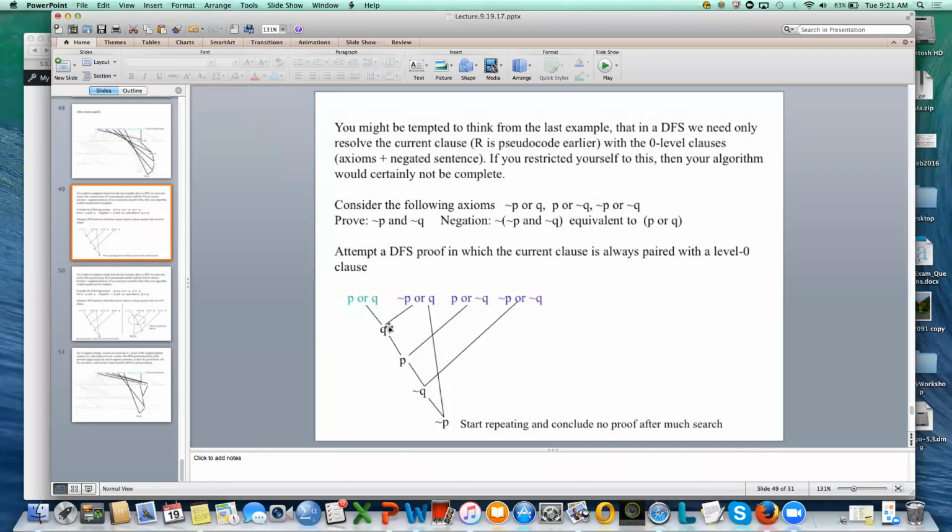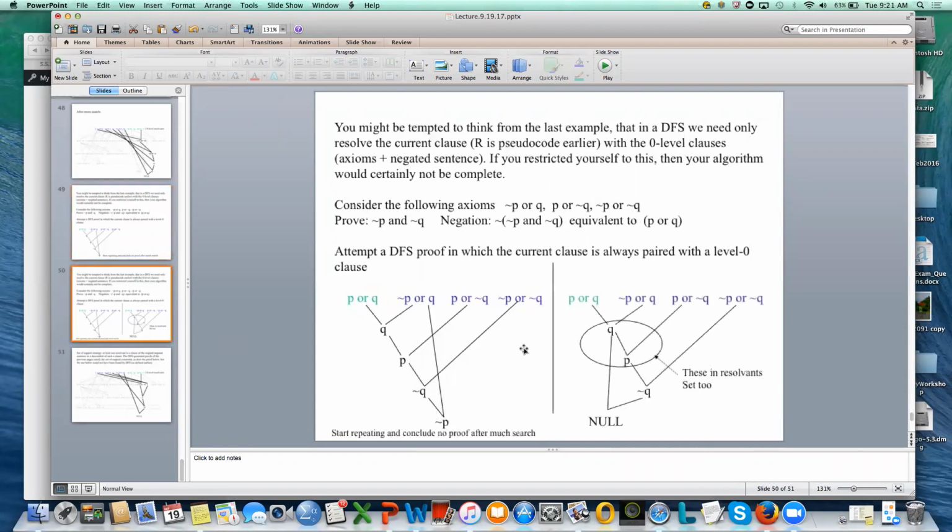So in this case, we get Q, we get P. This is a depth first search now. We get not Q. We continue resolving here. We get not P, and we start to cycle. You can create examples in which you've really got to resolve something. You might have to resolve several things on this path.